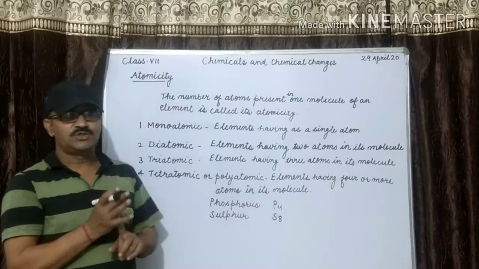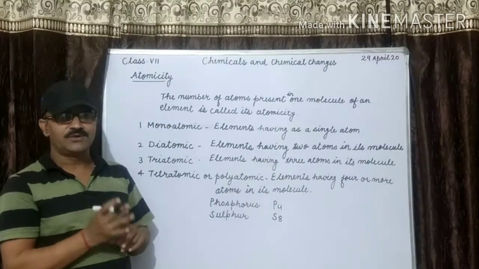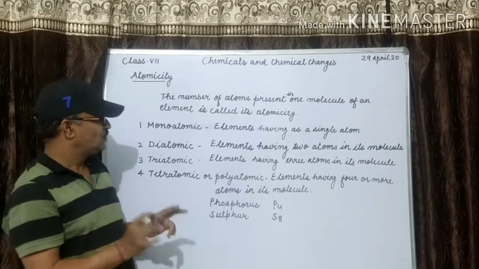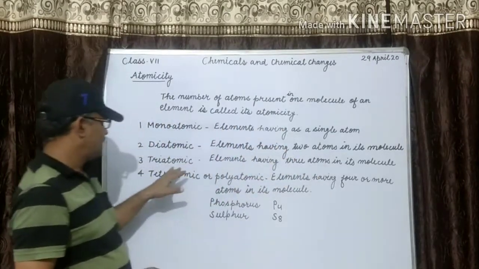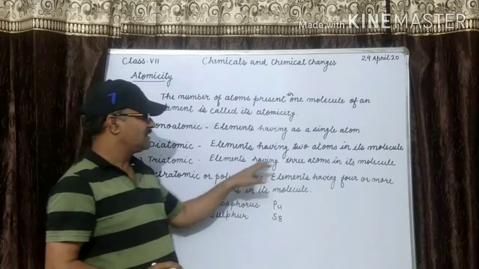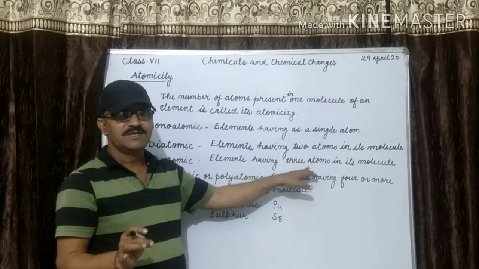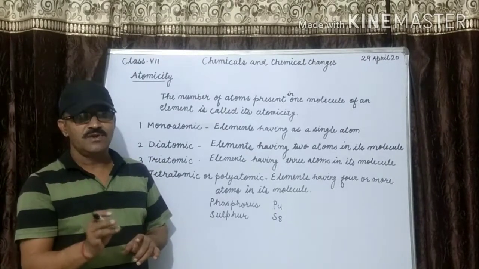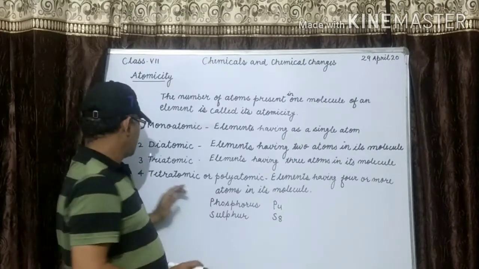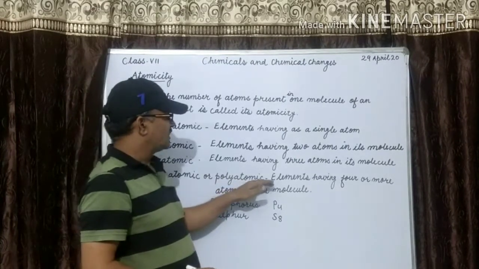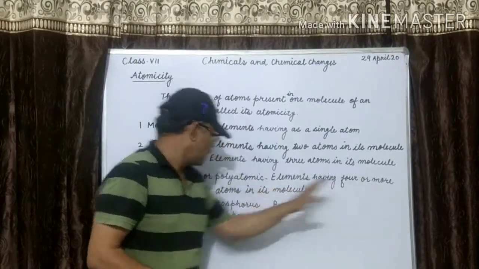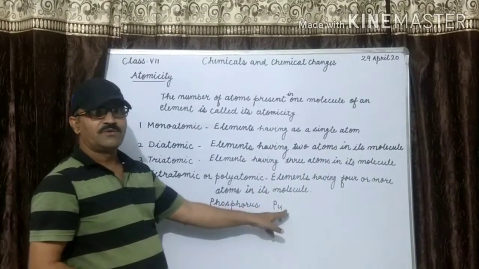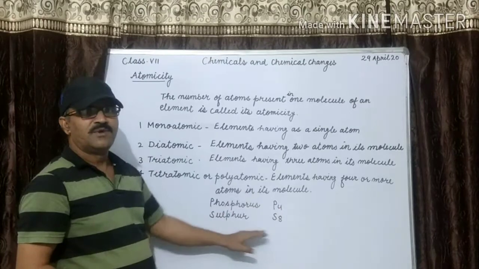For example, hydrogen H2, nitrogen N2, oxygen O2 and chlorine Cl2. Third is triatomic, elements having 3 atoms in their molecules. For example, water and ozone. Water formula is H2O and ozone is O3. Next is tetraatomic or polyatomic, elements having 4 or more atoms in their molecules. For example, phosphorus formula P4 and sulfur formula S8.